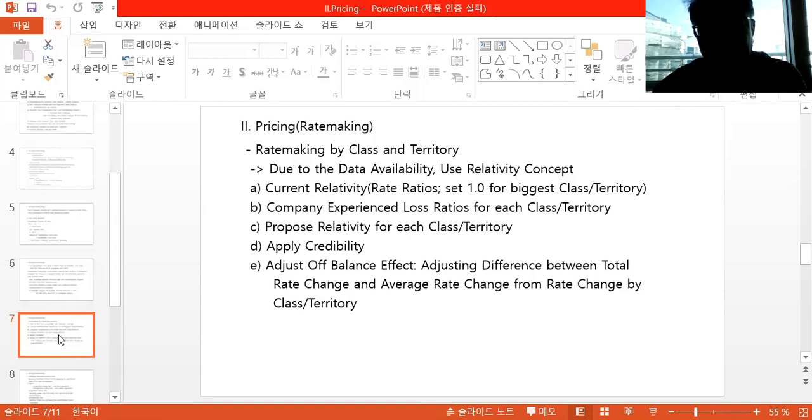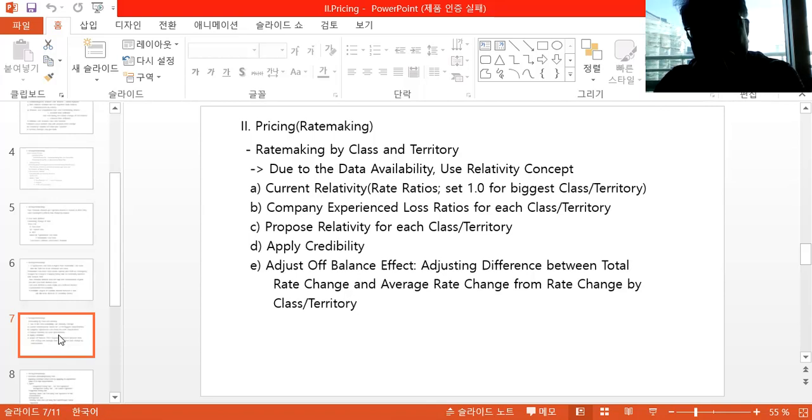Then you get the proposed relativity for each class and territory by dividing each loss ratio by the standard one. And then you apply credibility. And then finally, you adjust for the off-balance effect to make the final rate change.